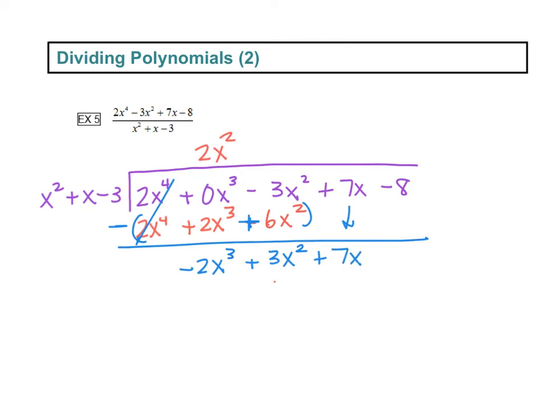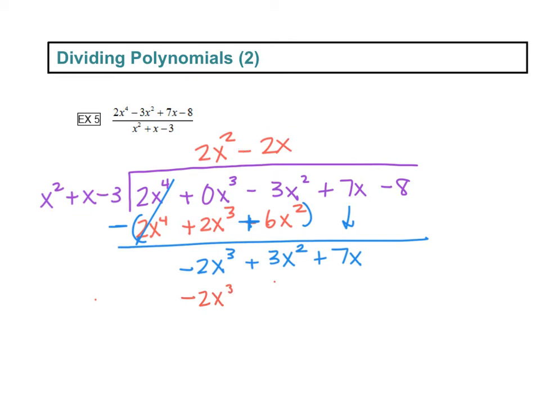And we do the same thing. X squared times what gives us a negative 2x cubed? So that's a negative 2, and then we have x squared, we need x cubed, so we need another x, so that's why it's a negative 2x. And then we multiply. Negative 2x times x squared is negative 2x cubed.